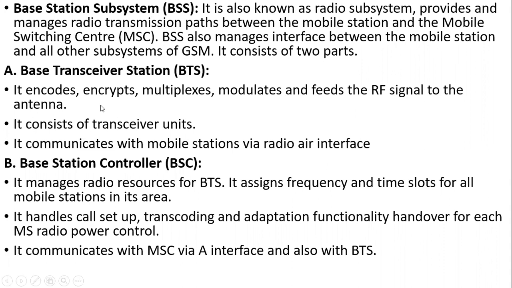It consists of both transmitter and receiver units, that is, transceiver units, and it communicates with the mobile station via the radio air interface. The next part is the base station controller, BSC, and it manages radio resources for the BTS. It controls the base transceiver station.